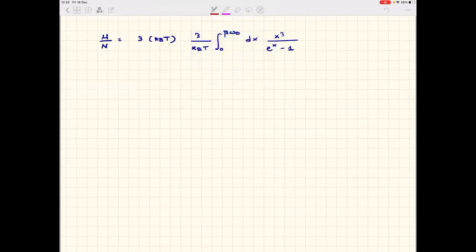So this is another peculiarity of the Debye function of beta omega_D. So it's a function of the ratio between the Debye frequency and the temperature.